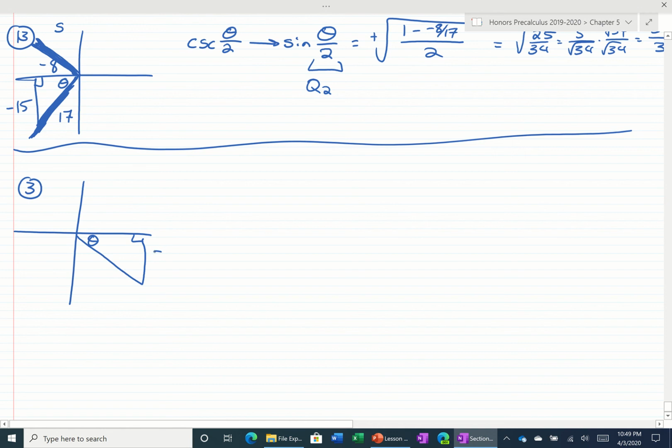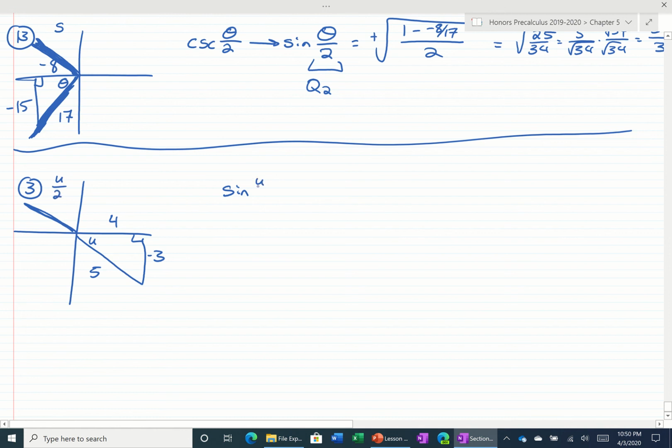Tangent would be negative 3 over 4, and this would have to be 5. If we're in quadrant 4, and we had to find the sine of that angle, call it 300 divided by 2, that puts us in quadrant 2. So what I'm trying to say is u over 2 is in quadrant 2.